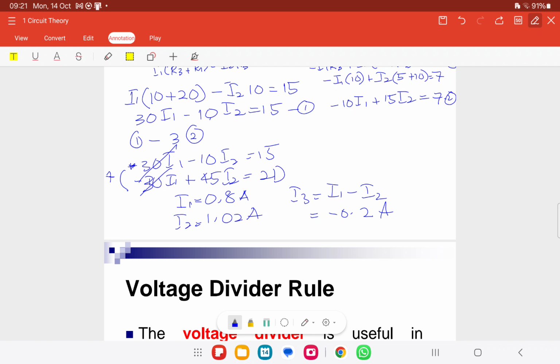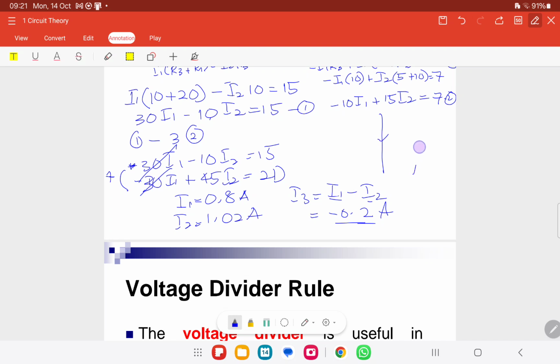Okay, so sekarang ni siapa yang tanya tadi yang pakai West Handsome ni? Siapa nama? Izwan. Rezwan. Okay, Rezwan tanya macam mana nak tahu the directions. So now we get negative, sebab kita buat I1 minus I2. So first kita assume dia I1 minus I2, kita assume dia ke bawah.